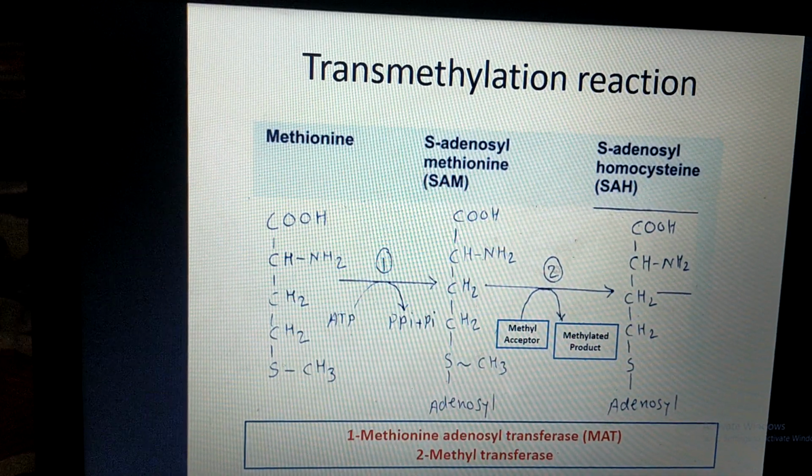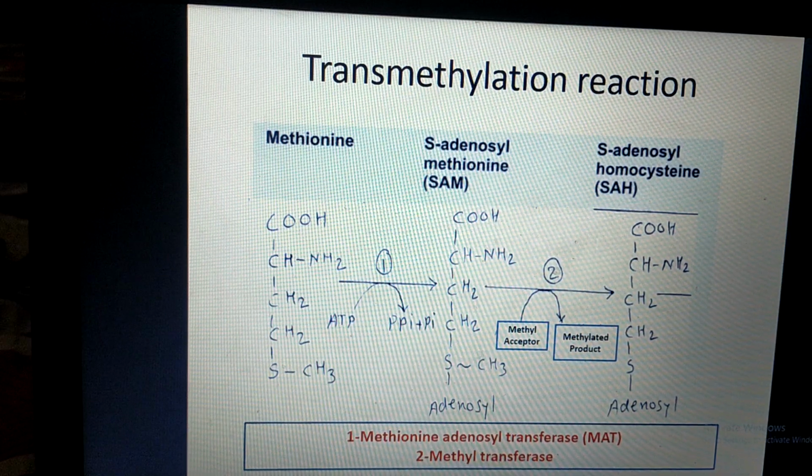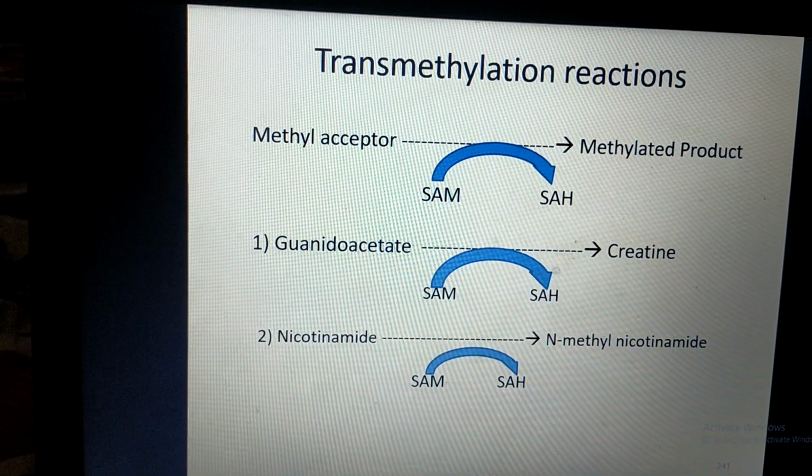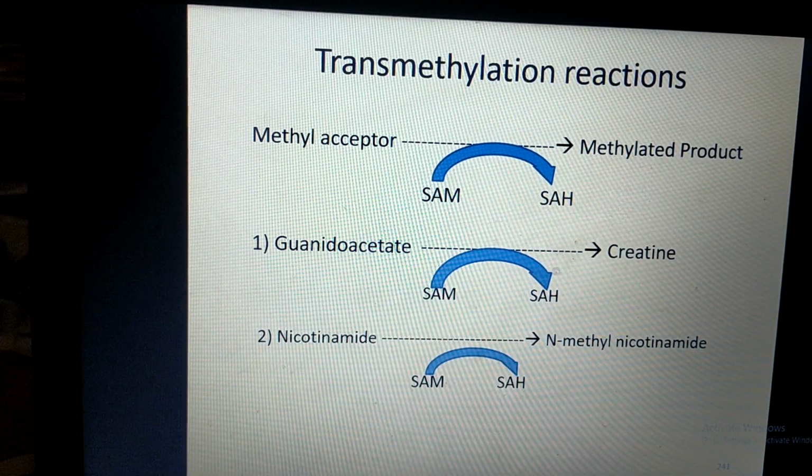Next is transmethylation reactions. Transmethylation reactions are the reactions where active methionine, that is S-adenosyl methionine, donates a methyl group to various compounds, and in that process S-adenosyl homocysteine is formed from S-adenosyl methionine. So this is the transmethylation. These are transmethylation reactions.